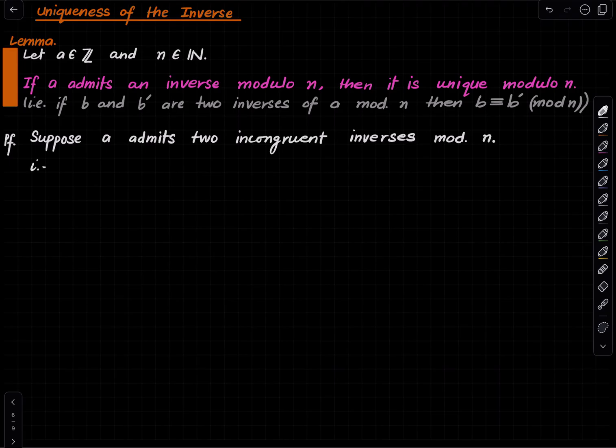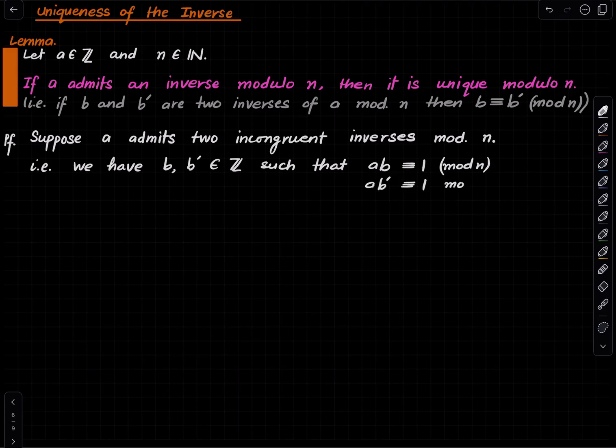That is, we have B and B prime such that AB is congruent to 1 mod n, AB prime is congruent to 1 mod n, and B and B prime are incongruent, so B is not congruent to B prime modulo n. Suppose this happens, we want to produce a contradiction.